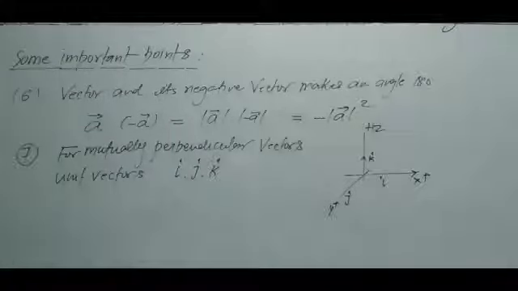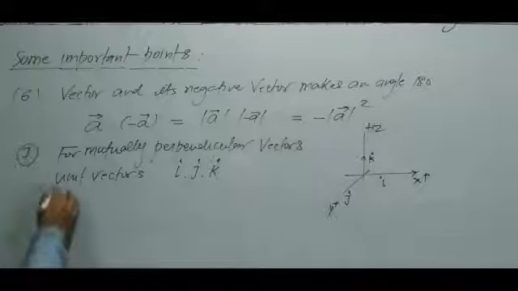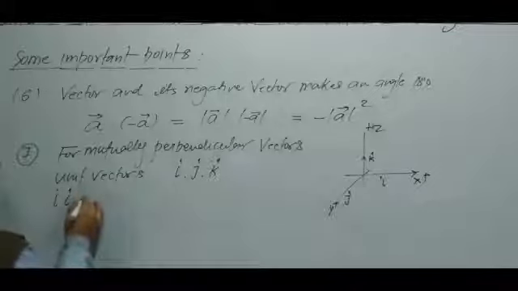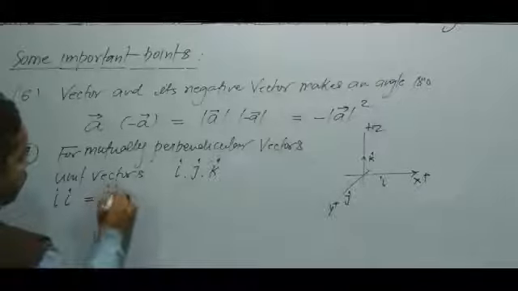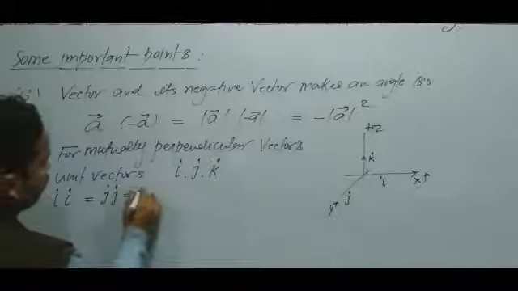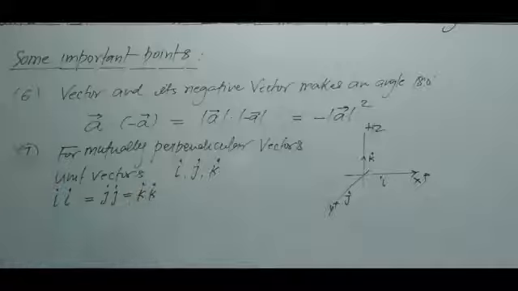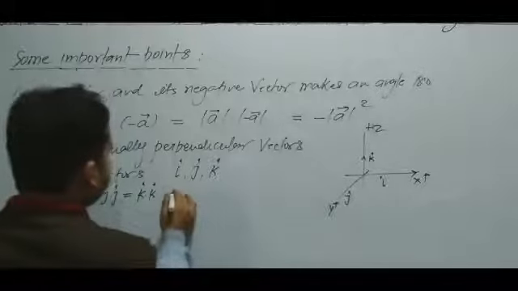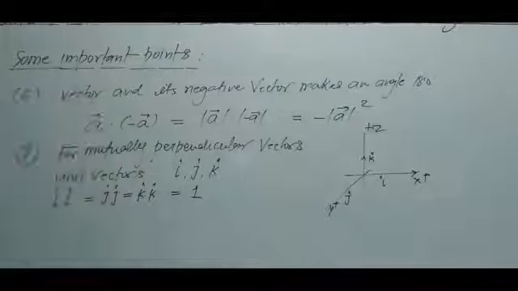What can we write? Unit vector i dot i: the angle will be 0 degrees, so this result will be 1. Similarly j dot j and k dot k are 1.